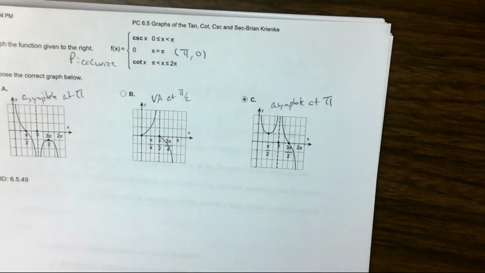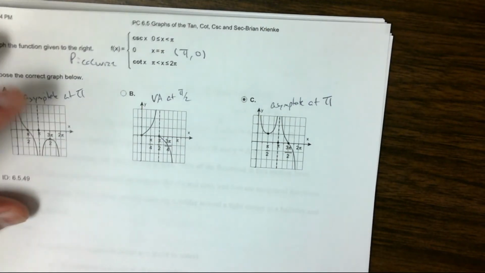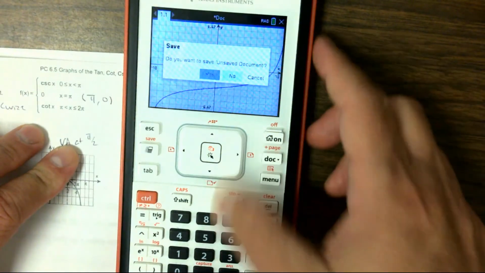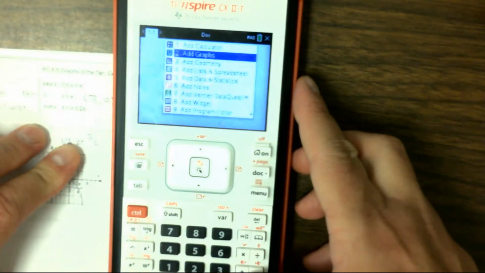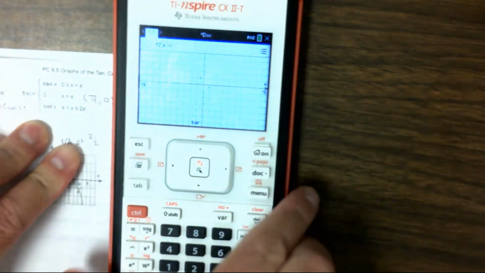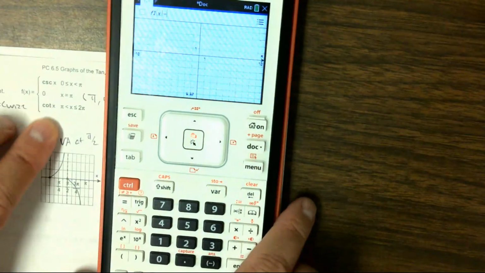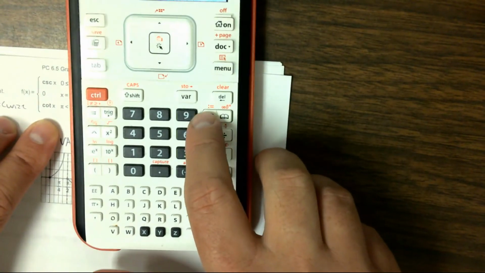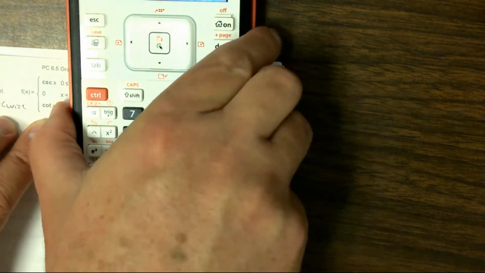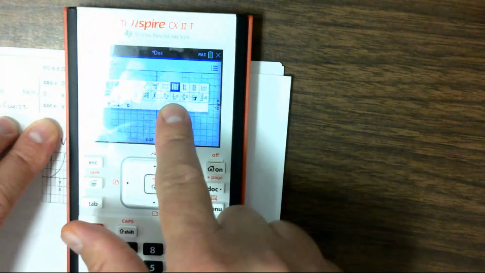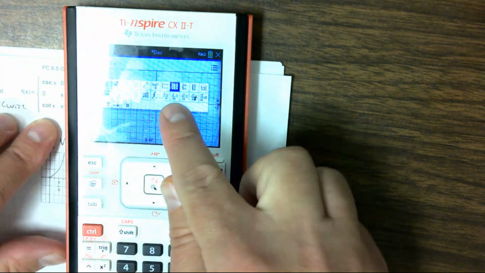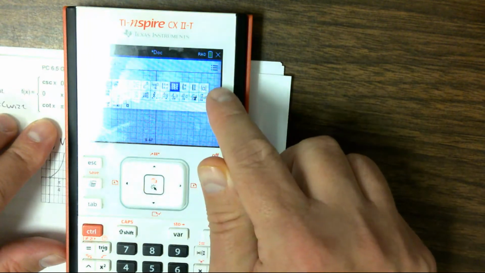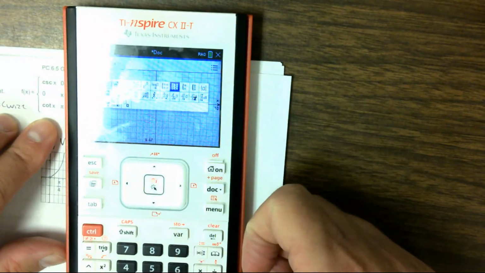Just a reminder, or maybe this is the first time you're seeing this, go to a document, go to a graph. Now, to type something like this, you need to use this little button to the right of the 9. Then there's a little window, and there's a 3 by 3 part. Remember, absolute value was over here, but that's the 3 by 3 piece.